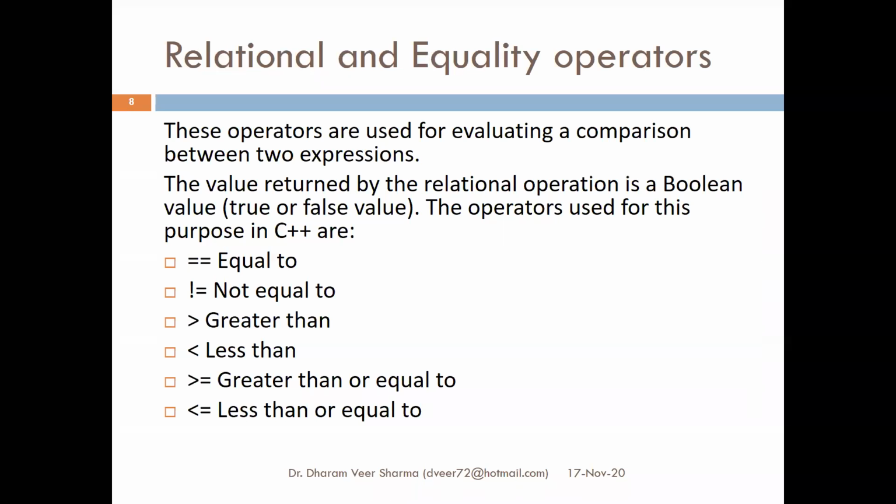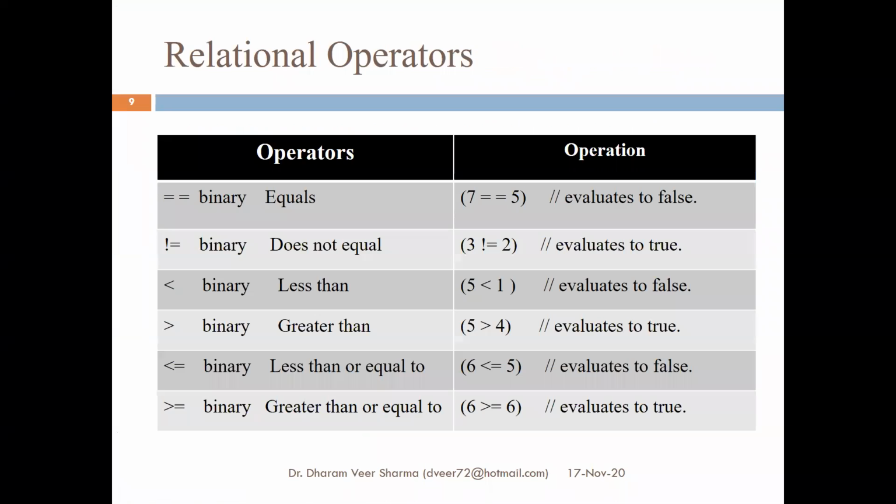And we have relational operators. We have 6 relational operators: equal to, not equal to, greater than, less than, greater than equal to, and less than equal to. On the way, we'll be using all these operators. So here are some examples. 7 is equal to 5. It evaluates to false. And be very careful about using these signs. When you are evaluating, then you will use double equal to.